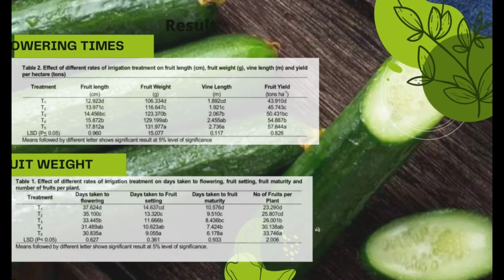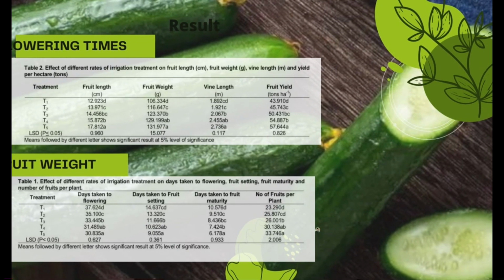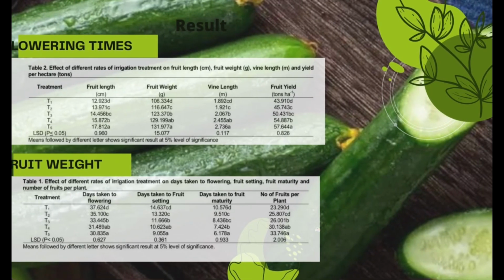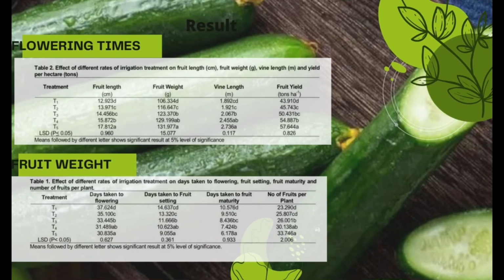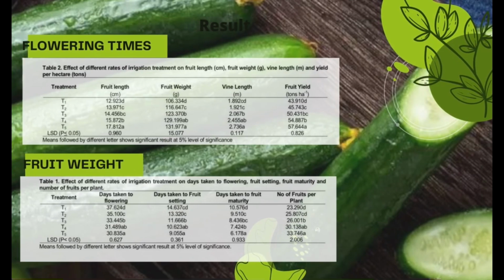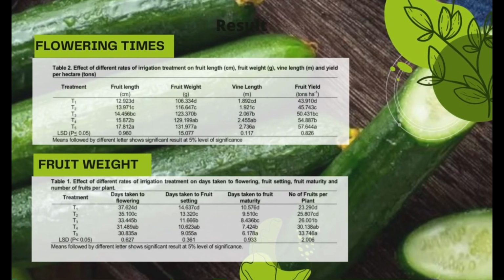Now, I want to talk about the results from this research. Table 1 demonstrates statistically significant flowering time for all treatments. T5 produced flowers the fastest, at 30.835 days, followed by T4, which is 32.489 days.